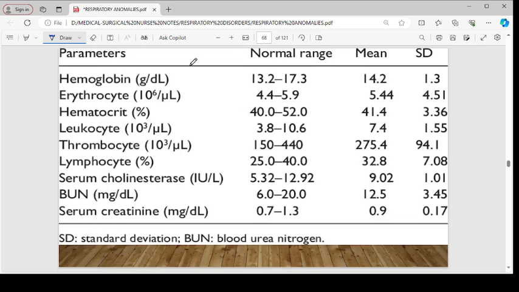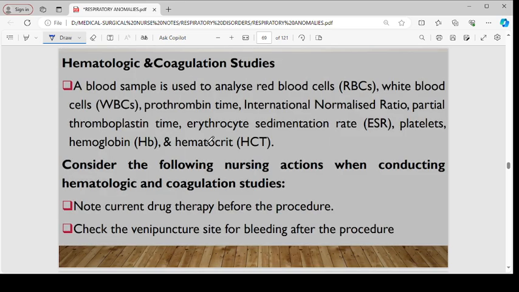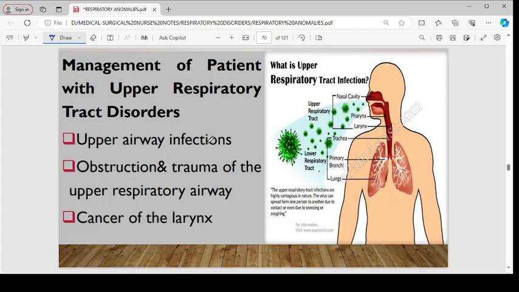A blood sample can also be used to analyze the red blood cells, white blood cells, prothrombin time, the INR, the partial thromboplastin time, the erythrocyte sedimentation rate, the platelets, hemoglobin, and the hematocrit, right?